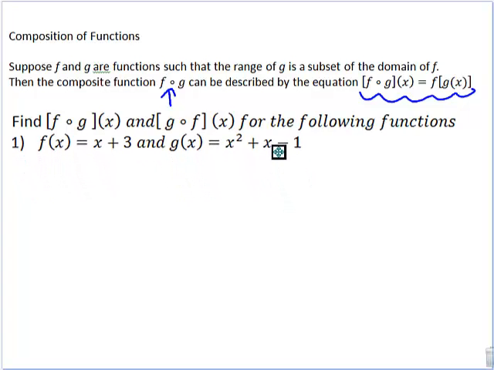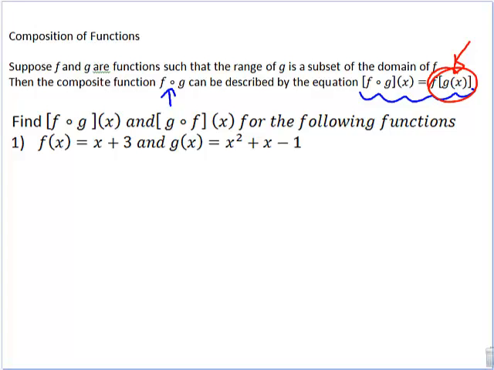Perhaps we've got some more space. So what we need to keep in mind is this setup right here, okay? Because if we keep this in mind, that is going to allow us to find this composition of functions a little bit easier. So f of g. All right.